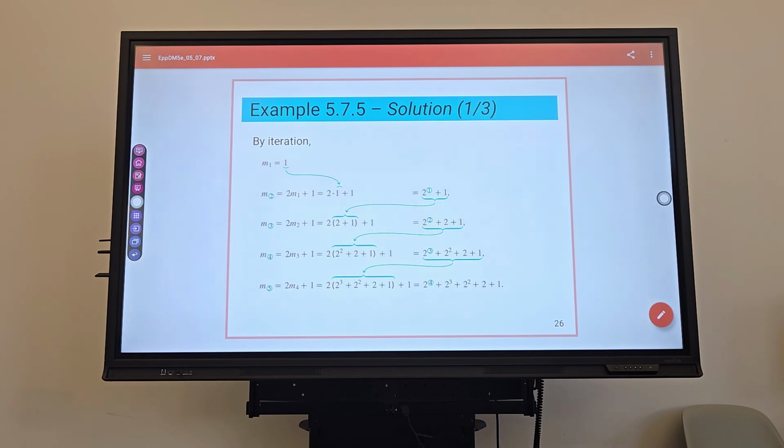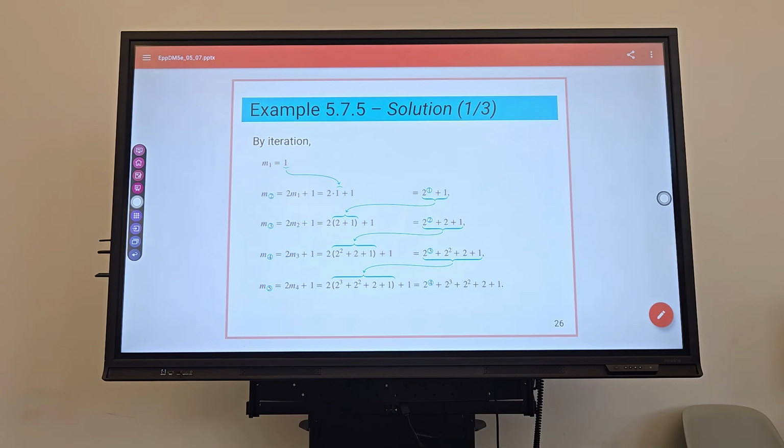Now, by iteration, you have m sub 2 is 2 to the 1 plus 1. m sub 3 is 2 squared plus 2 plus 1. m sub 4 is 2 cubed plus 2 squared plus 2 plus 1.